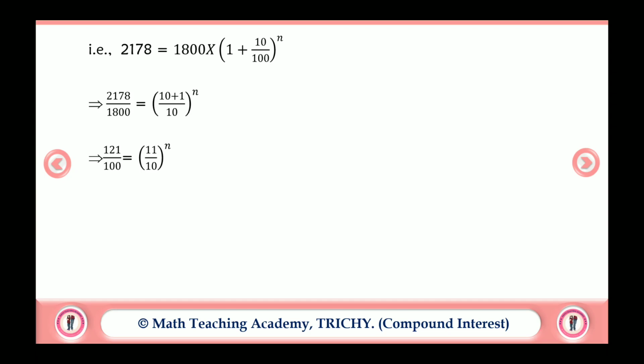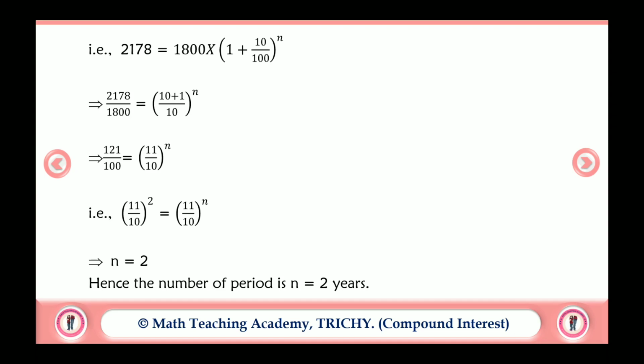So, this 121 divided by 100 can be written as 11 squared divided by 10 squared. So, that is (11 by 10) whole squared is equal to (11 by 10) whole power n, which implies in place of n here we have 2. So, we have n is equal to 2. Here n is the number of periods. Hence, the number of periods is n equal to 2 years.